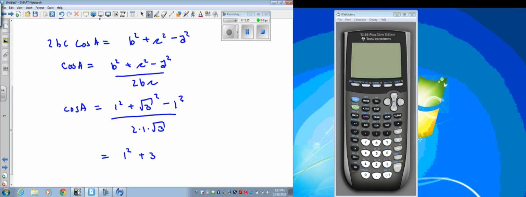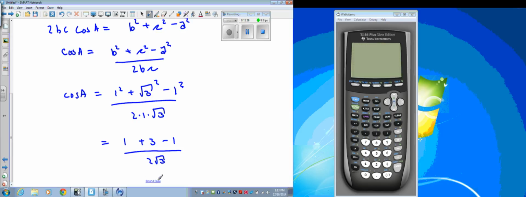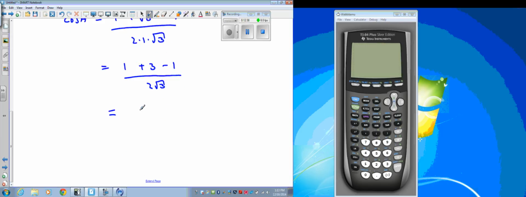So it is 1 plus 3 minus 1 over 2 times the square root of 3. So this is 3 over 2 square root of 3.